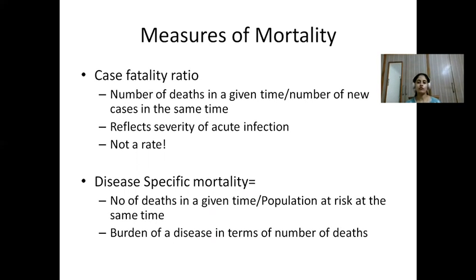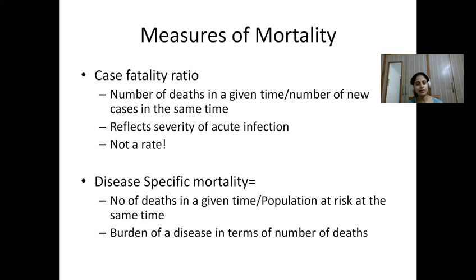So coming to the measures of mortality, basically we will talk about two: case fatality ratio and disease specific mortality. Their numerators are the same, only the denominators are different. Case fatality ratio is the number of deaths in a given time divided by number of new cases in a given time. And it reflects the severity of an acute infection.